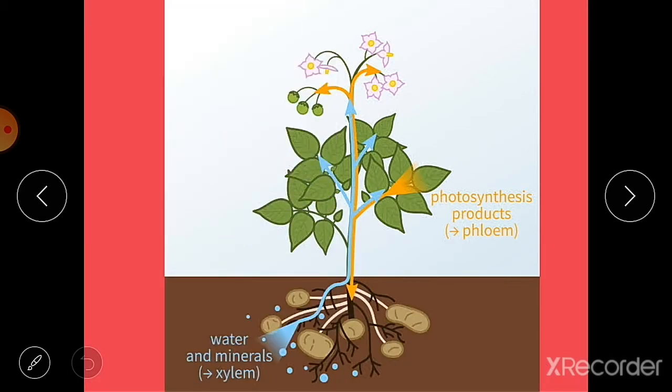Here you can see the diagram. It is showing the water and minerals being carried to the upper parts of the plants. You can see this light blue color here. This is the xylem tissue.